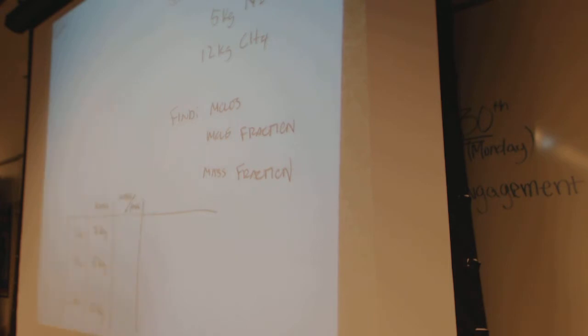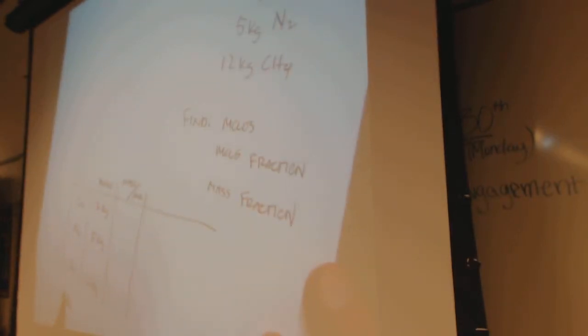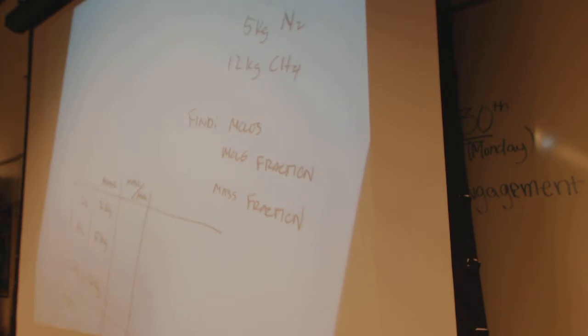There's a mass per mole. Mass per mole for oxygen: oxygen's 16, but it comes as O2, so a mole of oxygen would weigh 32 grams. That's a gram mole.